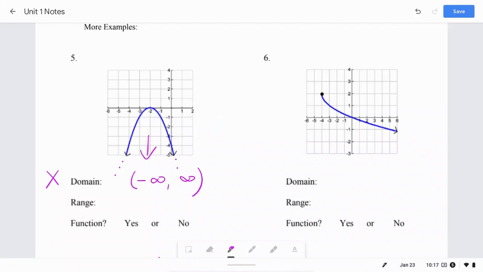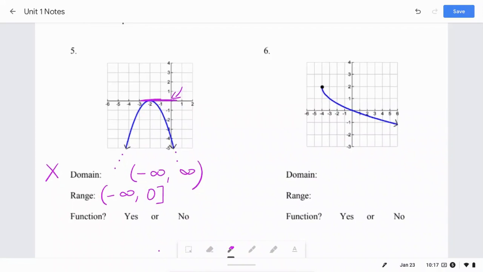It's going to go forever down, so forever towards negative infinity. And then how far up is the graph going? It's stopping here, so it's going up to this point here, which is 0 with a bracket. And then does this graph pass the vertical line test? Yes, it does. So number 5 is considered a function.